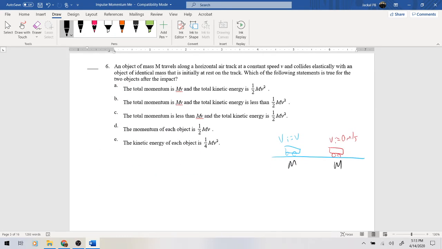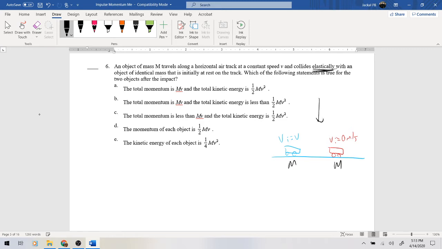Alright, so you have one object going with v and the other object is at rest. Both have the same mass and the collision is elastic. So that means total energy and total momentum are conserved.